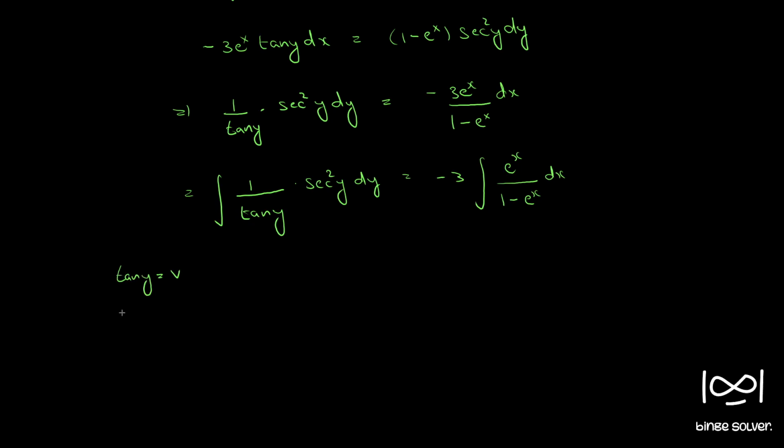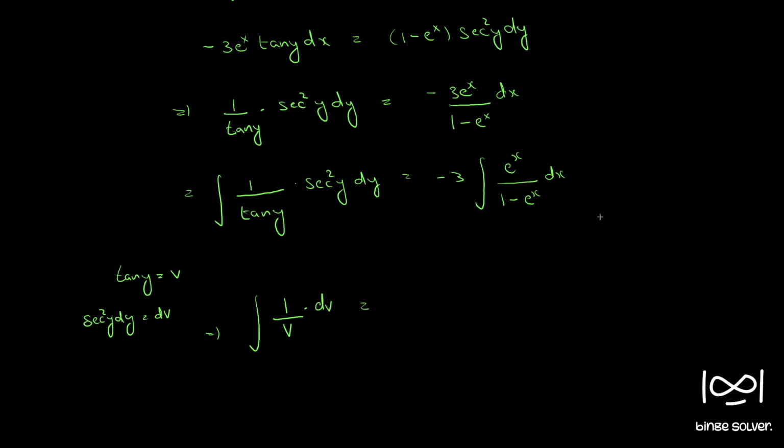So the derivative of tan y is sec square y, so sec square y dy equals dv. Therefore this integral becomes 1 by v dv.